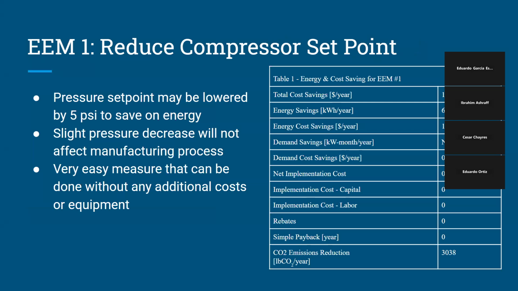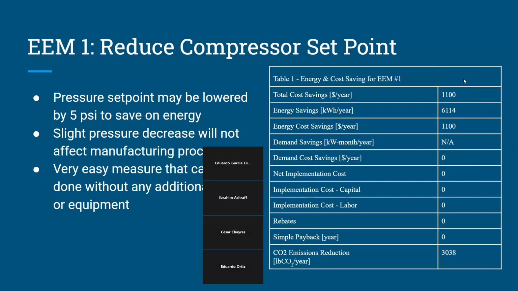Essentially, we're recommending to lower it by 5 psi to save on energy. 5 psi is not much of a pressure drop, so it should not affect manufacturing processes by much. Setting the pressure lower will save about $1,100 a year, which is equivalent to 6,000 kilowatt hours per year of energy.